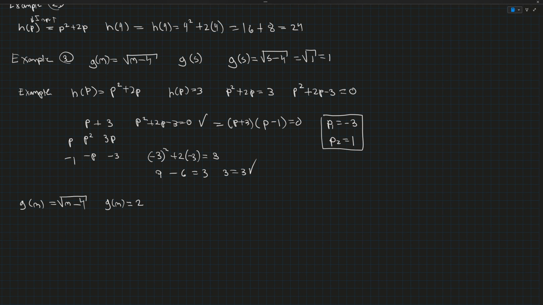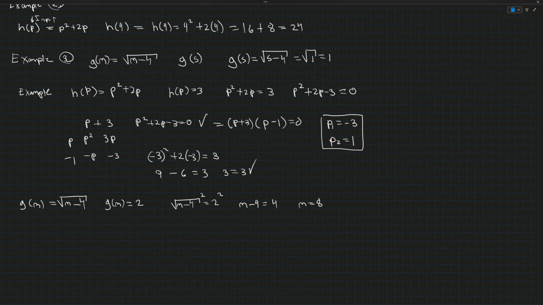So again, g of m is equal to the square root of m minus 4, which implies that the square root of m minus 4 is just equal to 2. We could square both sides to get rid of that nasty square root, and we have m minus 4 is equal to 4. And of course, if we add 4 to both sides, we get that m is equal to 8.